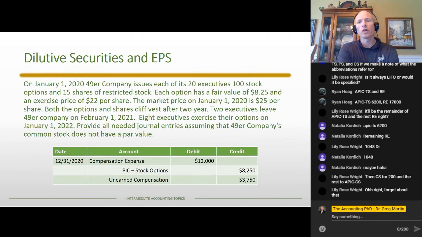And so our journal entry is, again, the compensation expense in this case is a function of both the stock options and the restricted stock. In the case of the stock options, the account that we use is the paid-in capital stock options, and the unearned compensation is basically us unwinding that temporary account, $3,750.